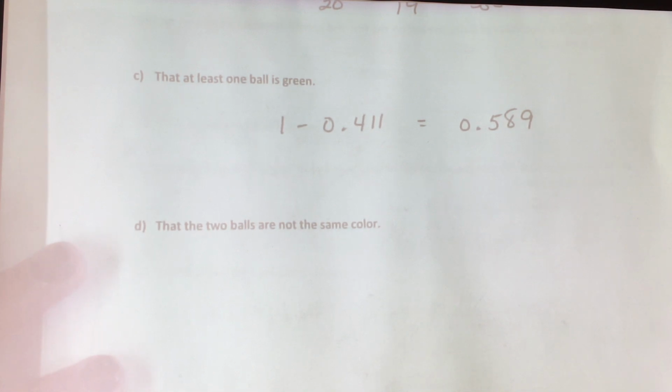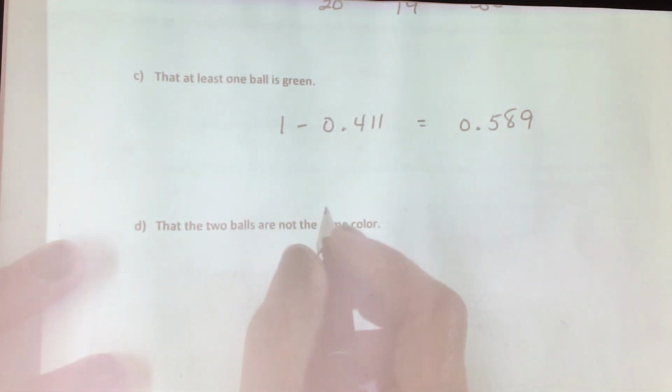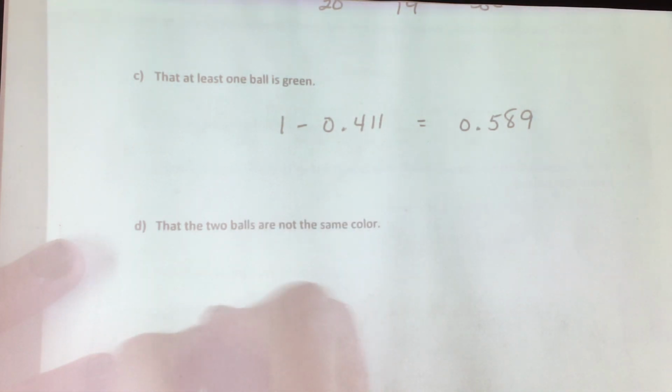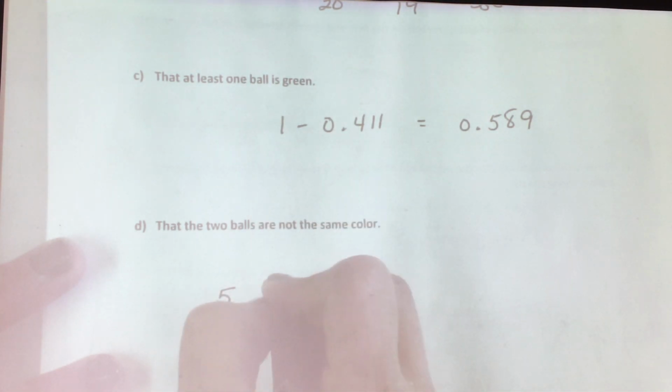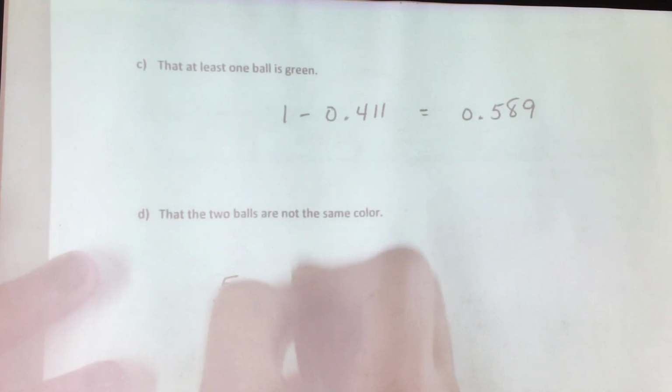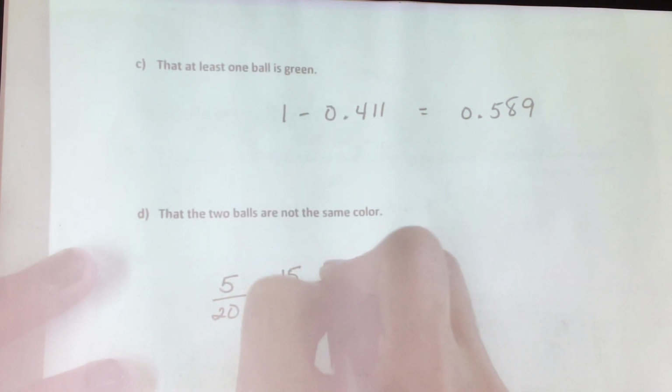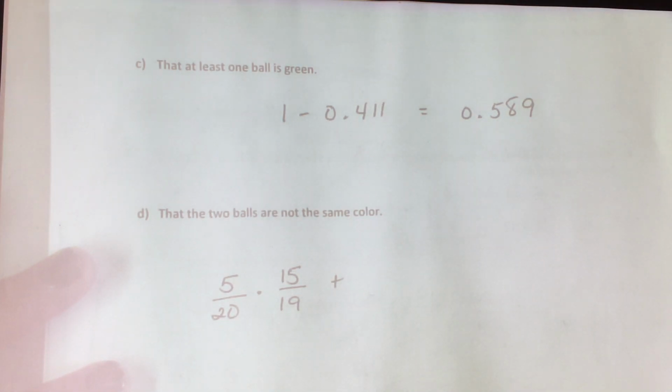So here we're going to do the same as we did with the replacement. Not the same color, so let's do the red. Here we have 5 red, so 5 out of 20 times not red, and not red is you have 15 out of 19. Plus, now we're going to do the probability of green.